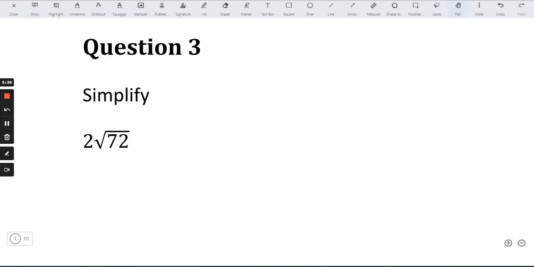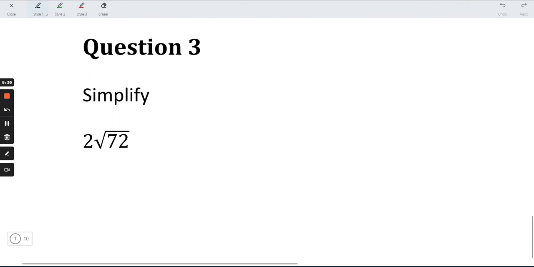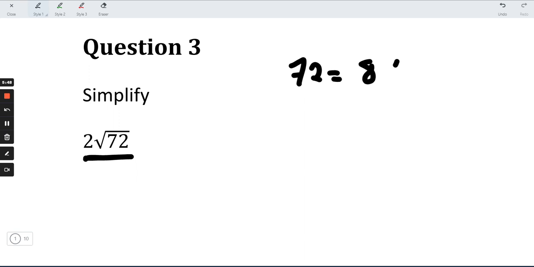Question 3 here, simplify 2 times square root of 72. We know that 72 equals 8 times 9.